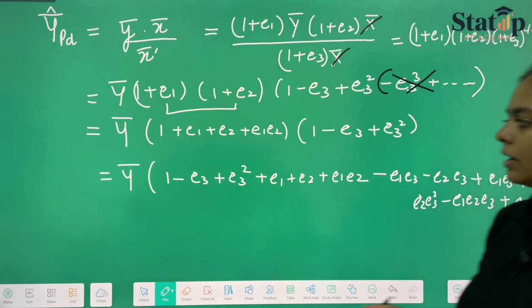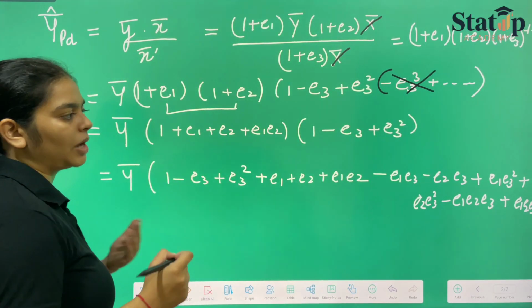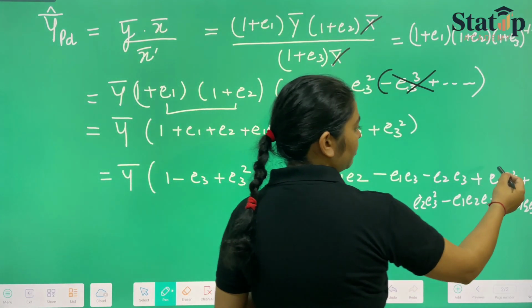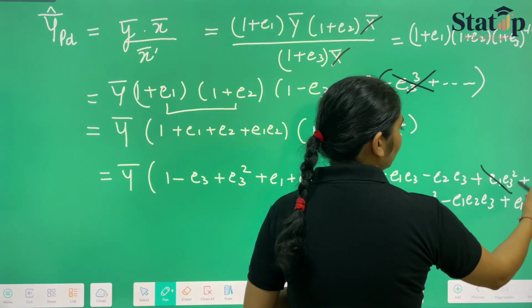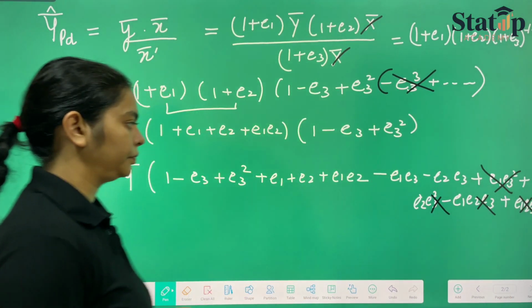Now again taking approximation up till second order, we will take only up to power 2, and greater than power 2 will be avoided. So here we are ignoring them.